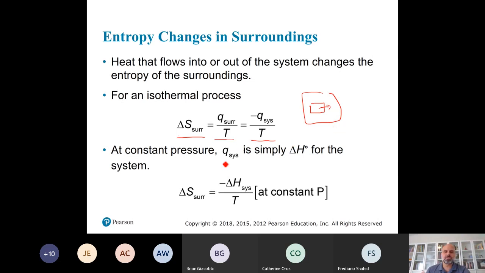At constant pressure, the heat of the system is simply the delta H of the system. I'll come back and explain this in more detail in the next class, and the Q reverse is equal to what we're talking about here. So you can go back and take a look at those previous slides, and we'll come back and describe this slide in more detail in the next class.